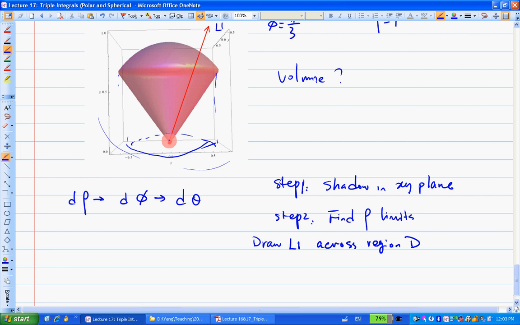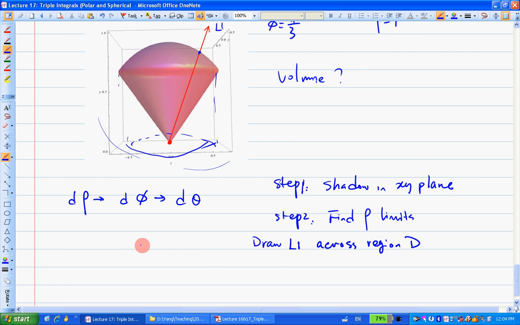In this particular case, row min is 0 and row max is 1, because the top surface is a sphere, so it doesn't matter where you hit it. That's a constant radius, which is 1.